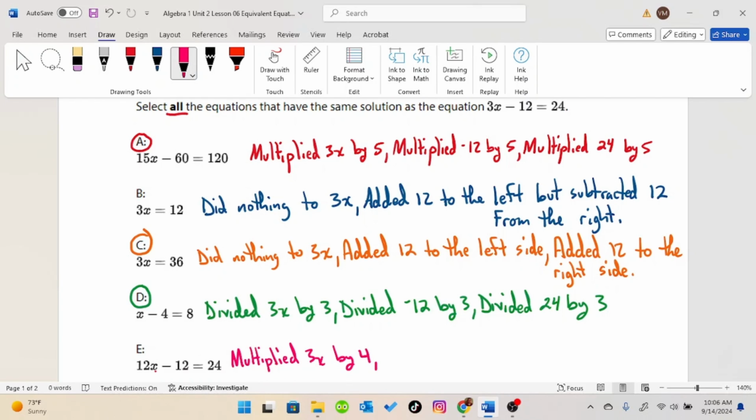To go from negative 12 to negative 12, they did nothing. And to go from 24 to 24, they did nothing.